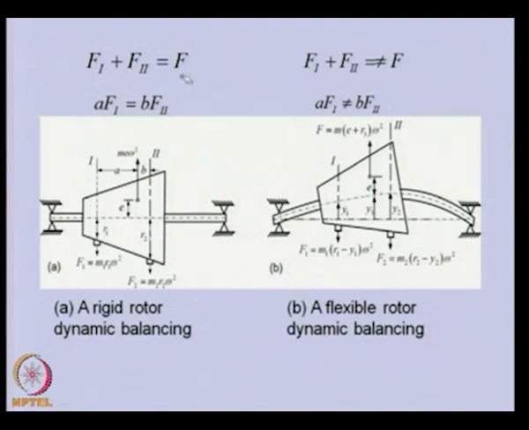This we discussed in the previous cases, but when the shaft is flexible, or when the same rotor is near the critical speed, it will bend like this, and because of this the effective eccentricity E which was there earlier will increase due to the deformation.